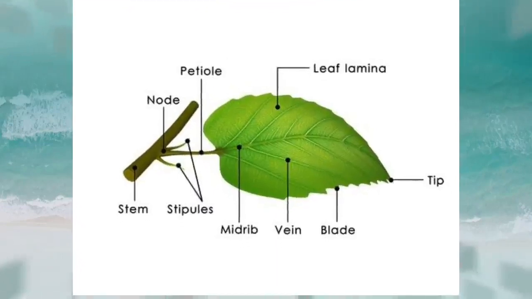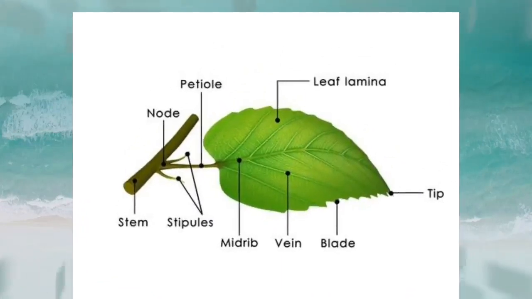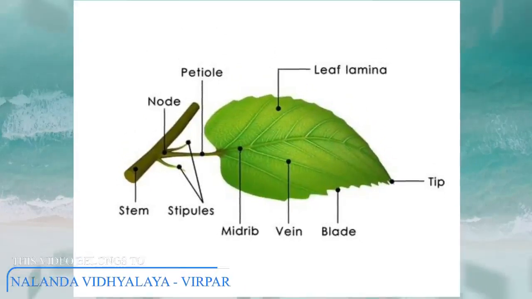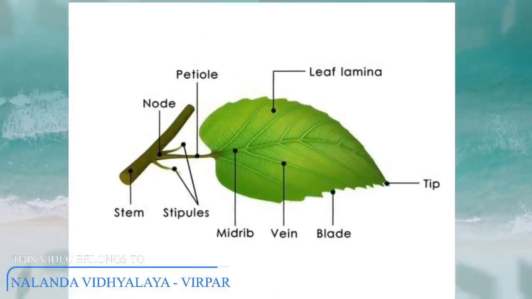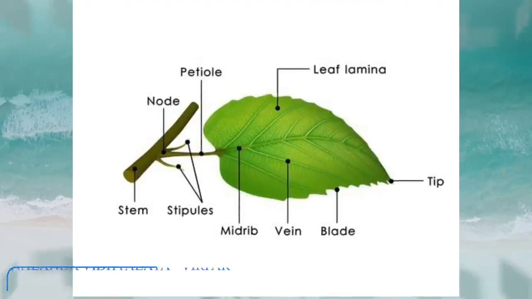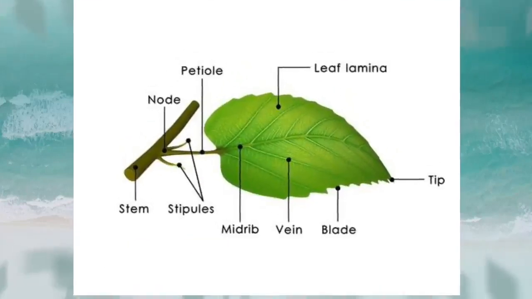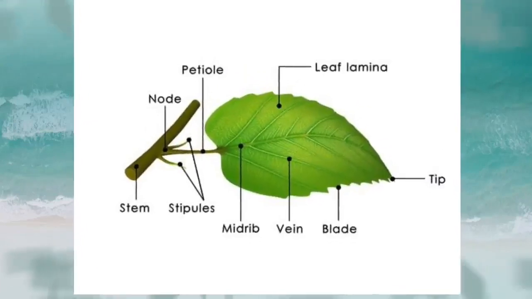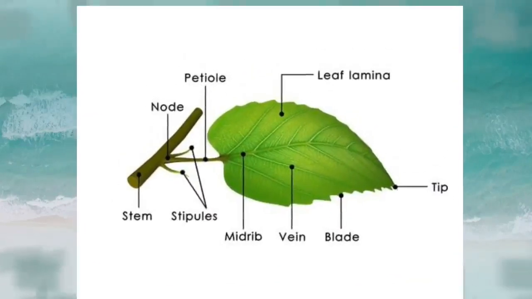Then the middle part you are seeing is the midrib. Midrib, a continuation of the petiole, is the central vein of the leaf.